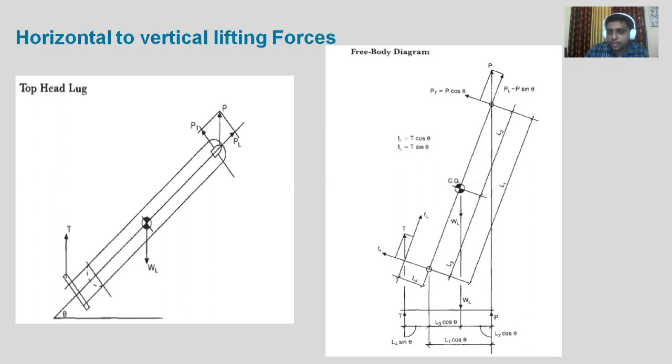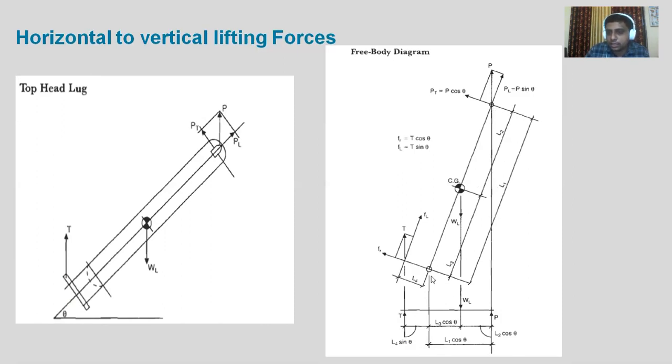And these are the resolution of these distances in the horizontal direction. So here L2 cos theta will give you this dimension. Here L3 cos theta will give you this horizontal dimension, and here L4 sin theta will give us this distance, and the entire length from this to this will be L1 cos theta.